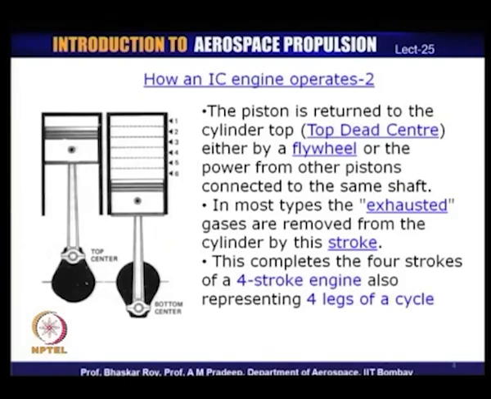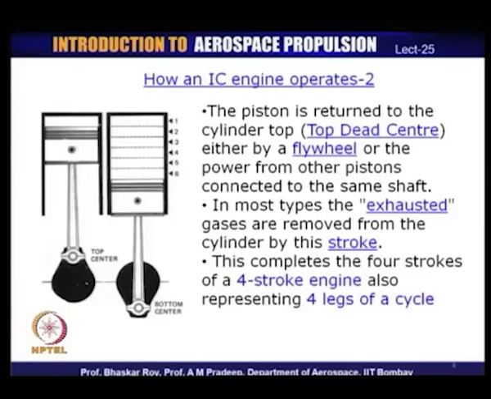Once the power stroke is over, as we know, the next thing that needs to be done is the gases need to be exhausted. That means the gases which were burned and pressure were created, and now the power stroke is over, which means the work that we wanted to get out of this high energy gas has been taken out, and now we do not have any need for this gas anymore.